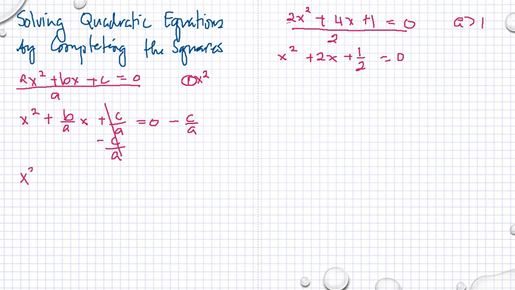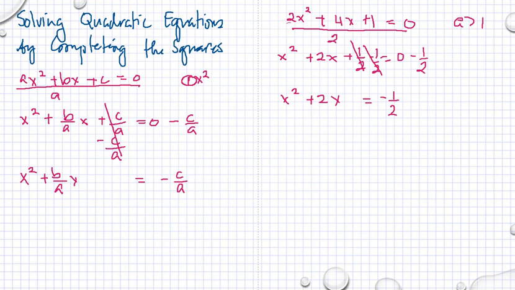Then I have x squared plus b divided by a x is equal to negative c divided by a. Okay? So subtracted by 1/2 to both sides of the equation, so that this will be 0. And I have x squared plus 2x is equal to negative 1/2.